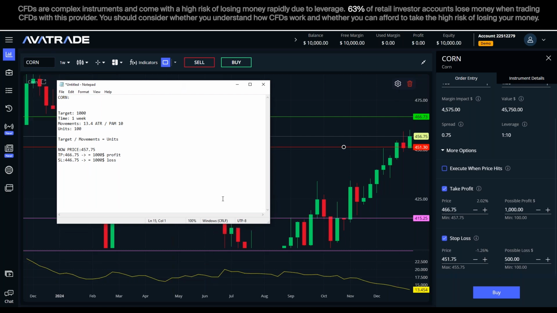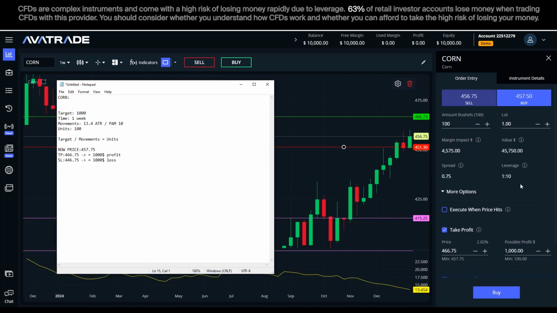And now, how would I know that I can take the position? We're talking about one lot, 100 units, and my account only has $10,000. So I can do a quick calculation by writing down the price per unit, which is 457.